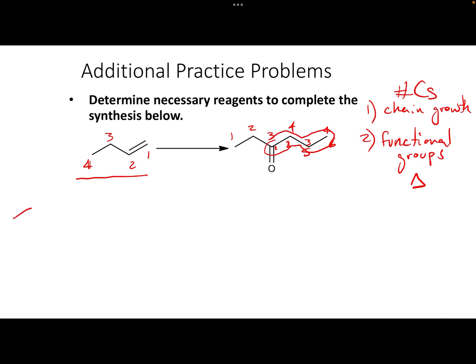Okay, so the first thing we're going to need to do, we need to grow this carbon chain. We don't have an alkyne to grow the carbon chain yet, so we're going to need to do an addition reaction in order to generate a molecule that can yield an alkyne. So my first step is going to be Br2, doing a halogenation.